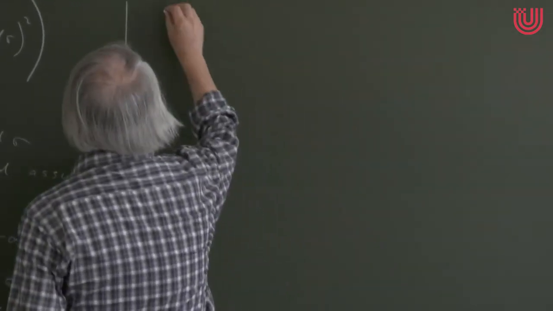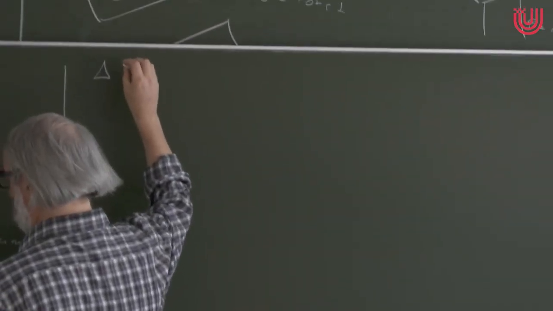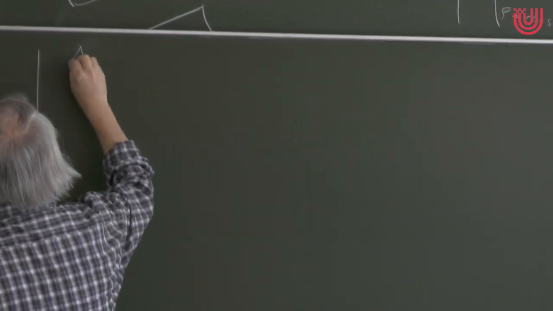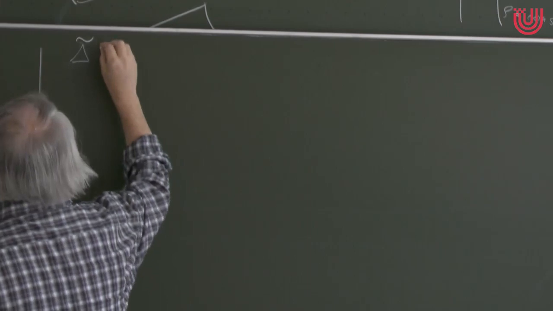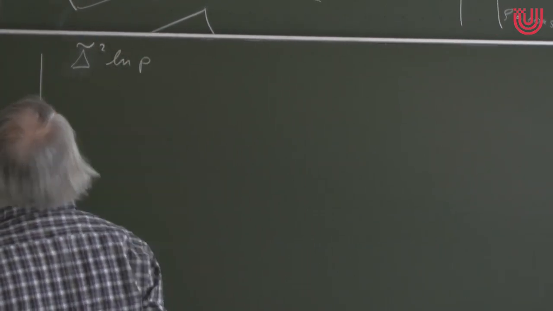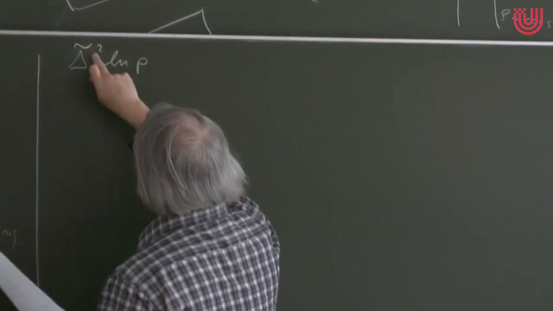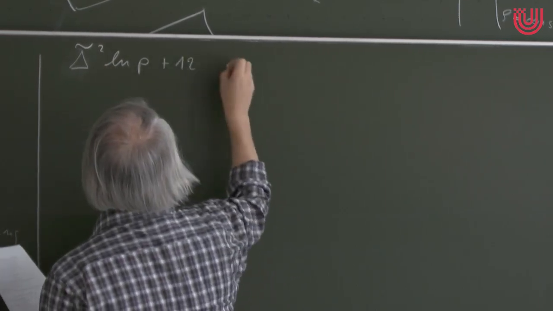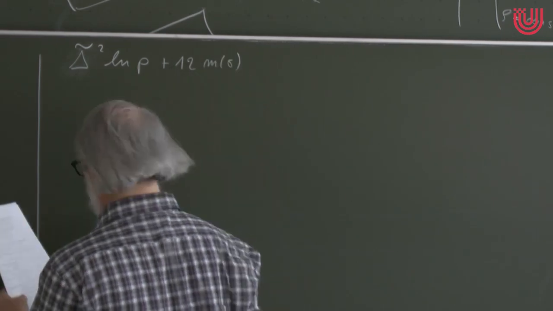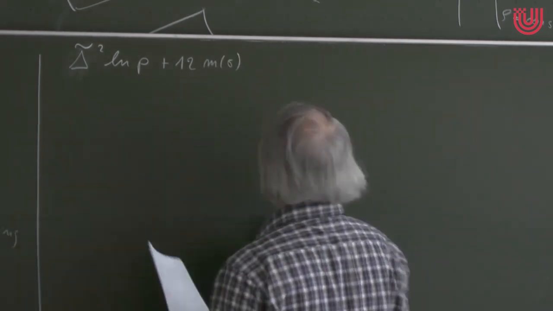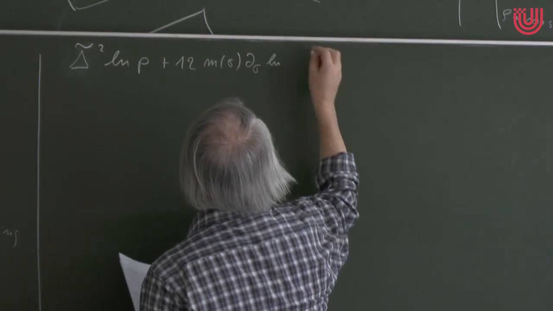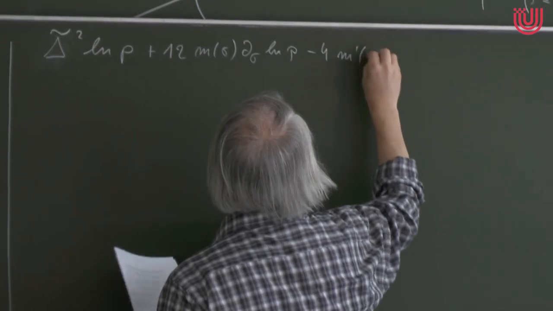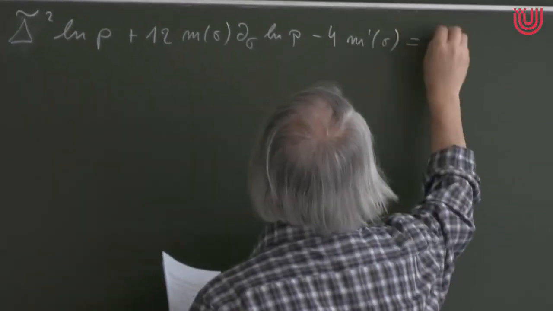So this is the differential equation for P. I should introduce this Laplace operator. It's a modified Laplace operator. I'll tell you in a minute what it is. So the Laplace operator squared, that's a fourth order differential operator, right? Plus 12 m of sigma, a function m which depends on sigma, d sigma ln P, minus 4 this function m of sigma differentiated, equals 0.